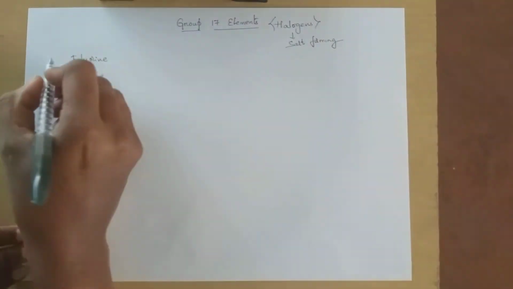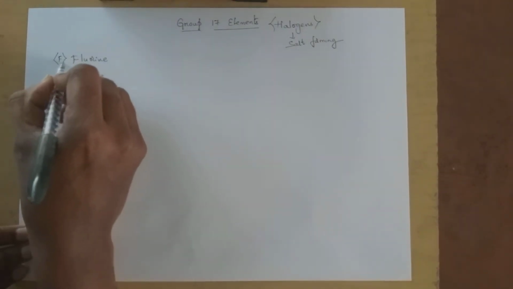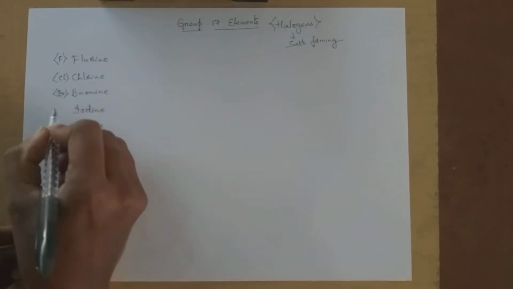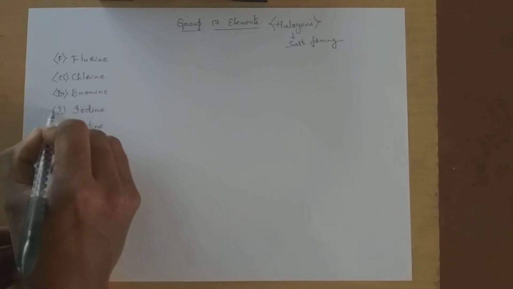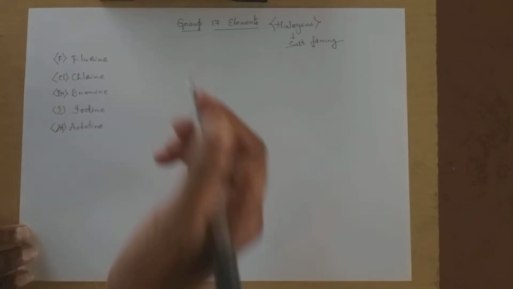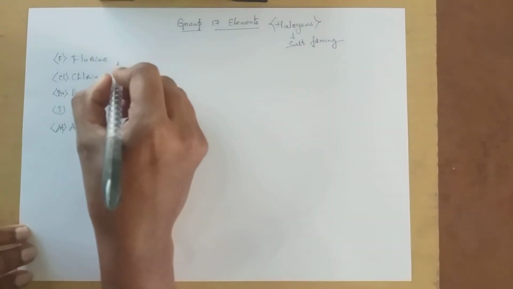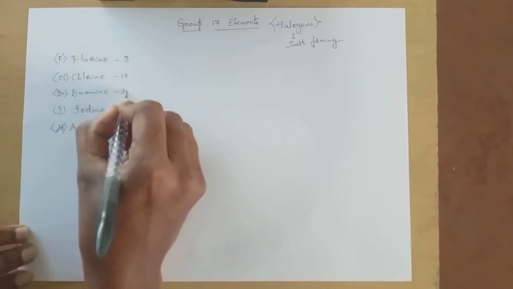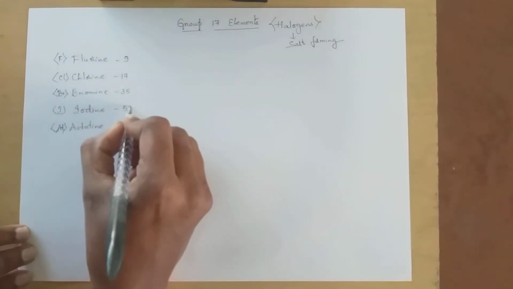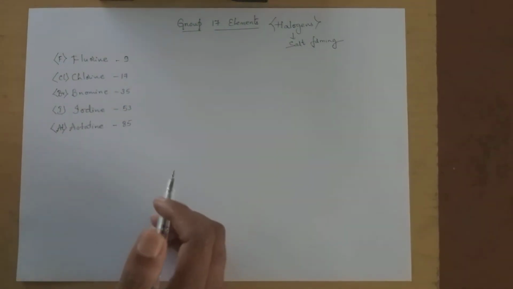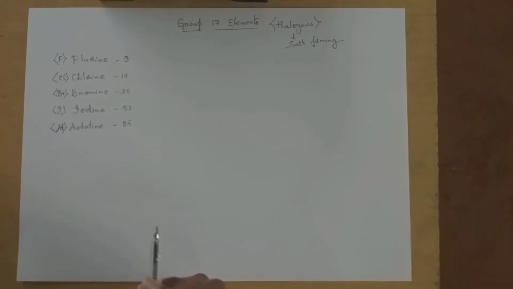As you already know, the chemical symbol: fluorine F, chlorine Cl, bromine Br, iodine I, then astatine At. Okay na? So here the atomic number is as follows: fluorine 9, chlorine 17, bromine 35, iodine 53, then lastly astatine 85. Okay na? So these are the elements present in group 17 and generally called as halogens.